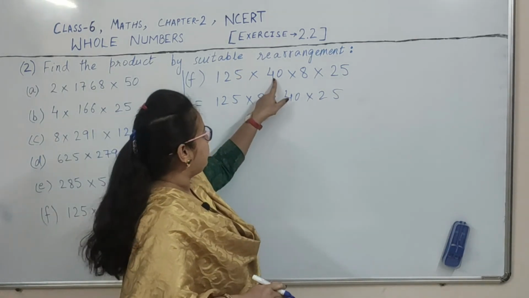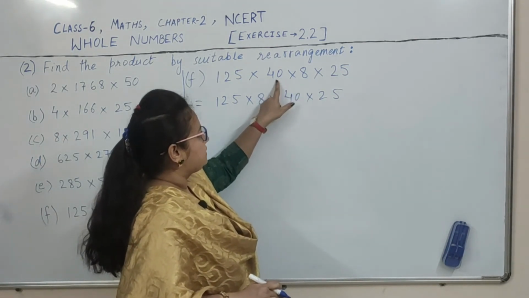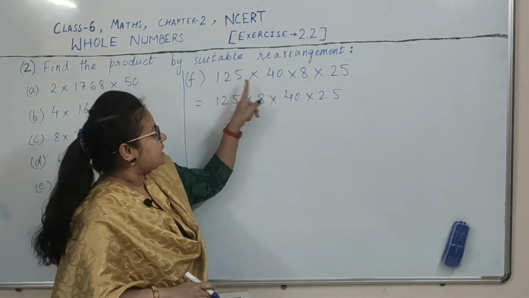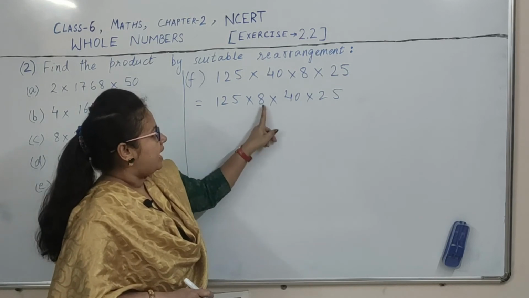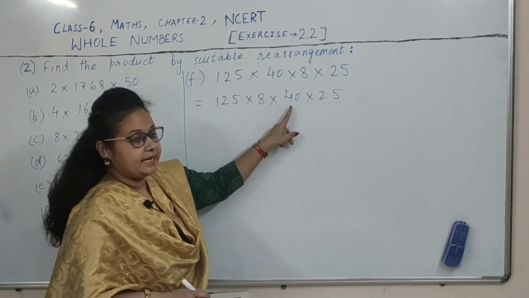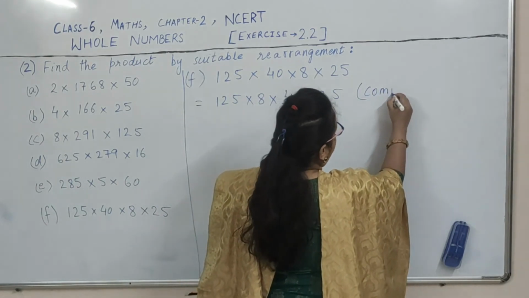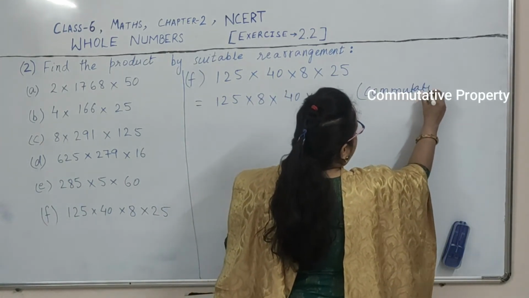Okay, so what we did, we have rearranged these two numbers. 40 into 8 is written as 8 into 40. The last two numbers are as it is. So which property have we used? We have used commutative property.